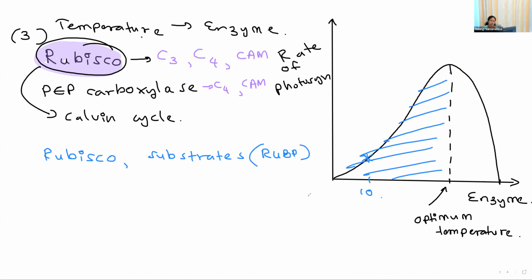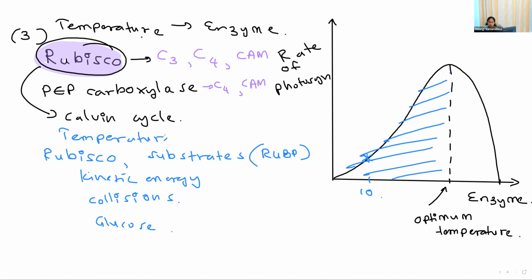Remember, here the main substrate is the RuBP, the 5-carbon RuBP. Use those terms. And can you include the kinetic energy, and the number of collisions, and then talk about the glucose formation. Start with the temperature being low.